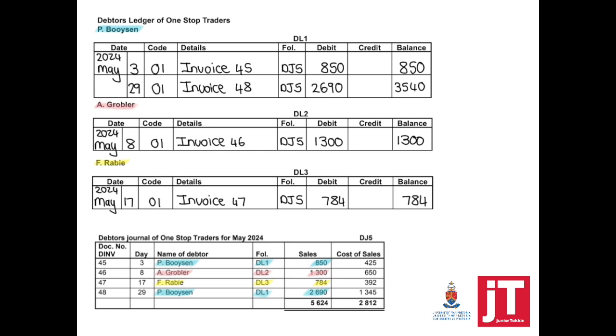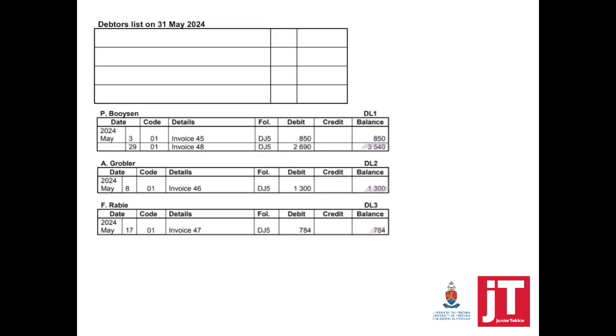Now that we've taken everything from the debtors journal and we've posted to the individual's account, the next step is to compile the debtors list. And to compile the debtors list, we're simply going to write the balances at the end. Please take note, I am not going to total anything. Especially look at Boyson.